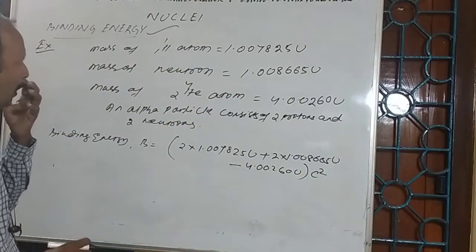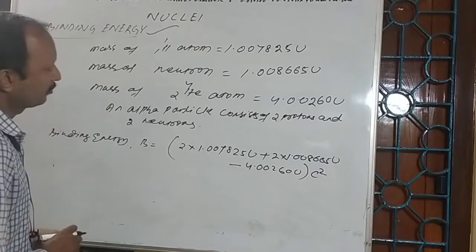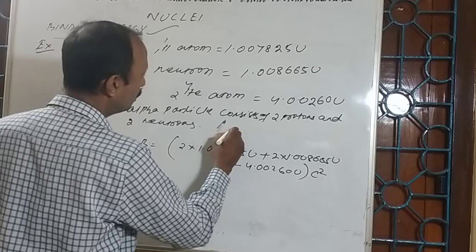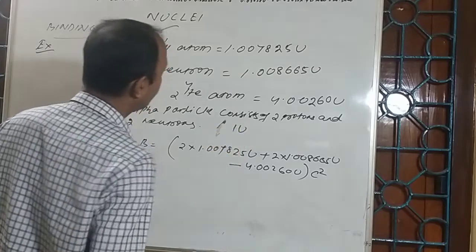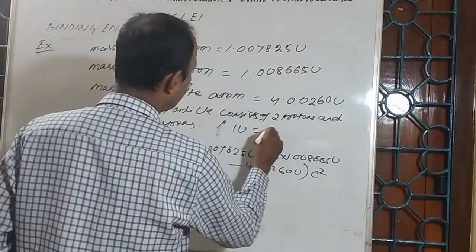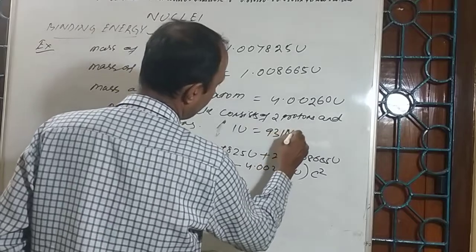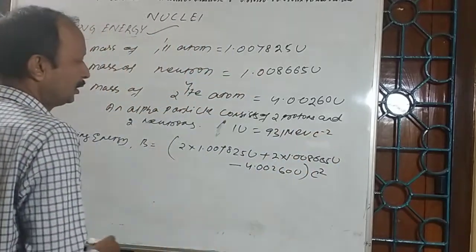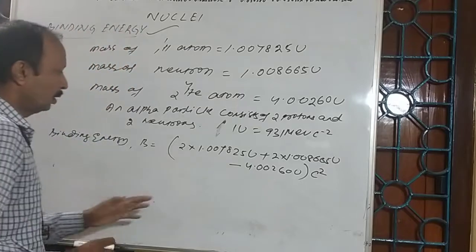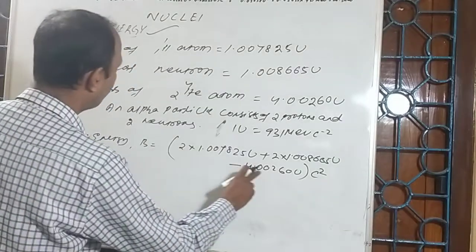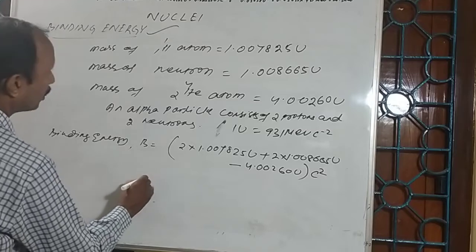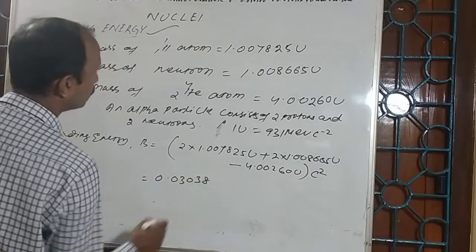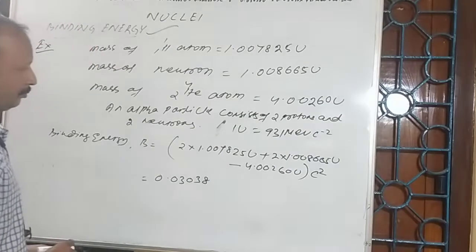Okay, so in this case I can use here one unified mass, that is equal to 931 million electron volt per C square. So if I calculate this, it will come around 0.03038.